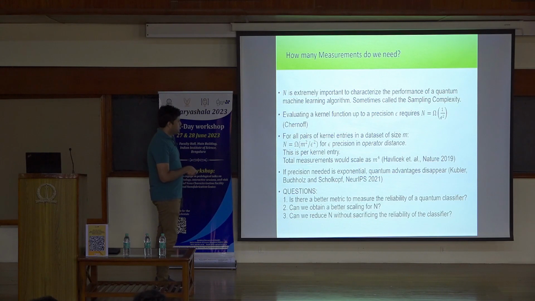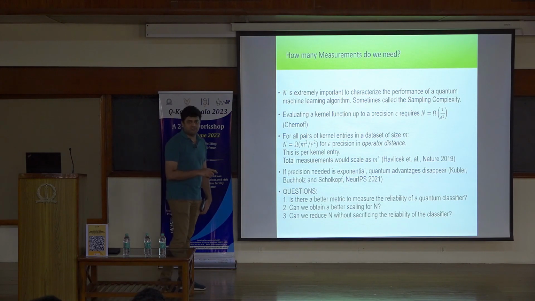So now there's a NeurIPS paper published in 2021 which said if exponential precision is needed for your task, whatever task you have, in evaluating the kernels, then all your advantages disappear. Because epsilon goes to 0, the n I need is infinite. There's no hope of using this quantum computer to even get an advantage. It doesn't matter what platform you're on, because quantum measurements are a fundamental thing. You have to do it on all platforms.